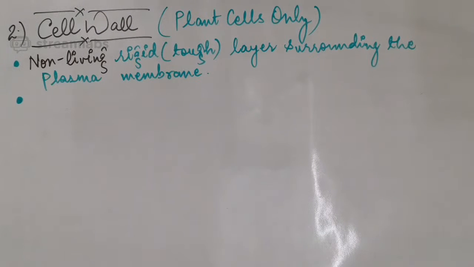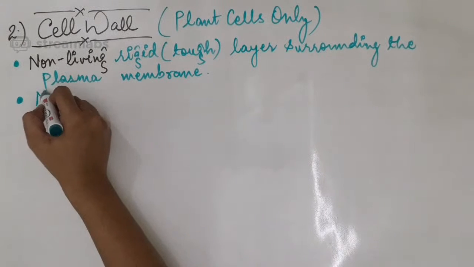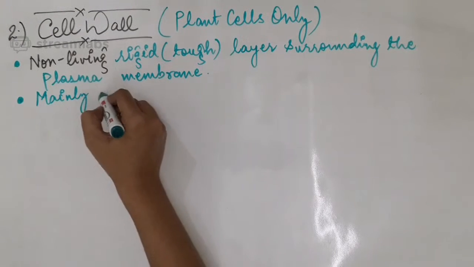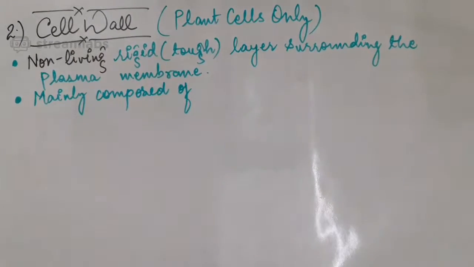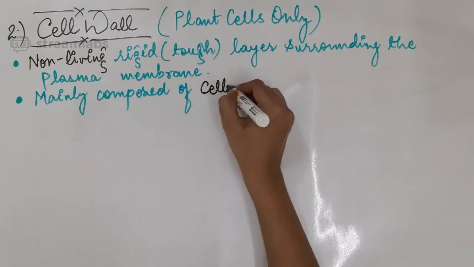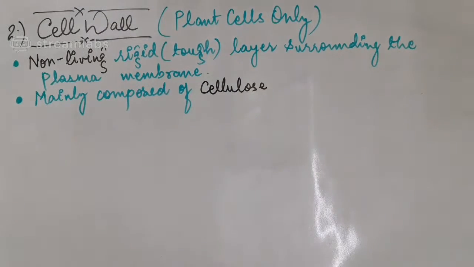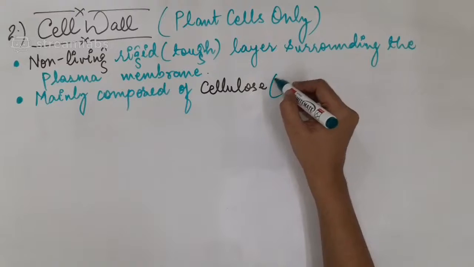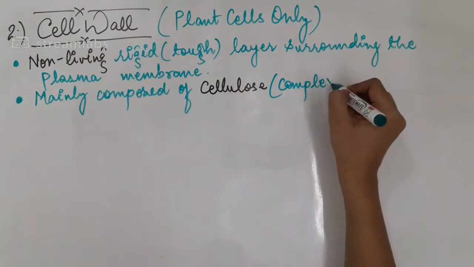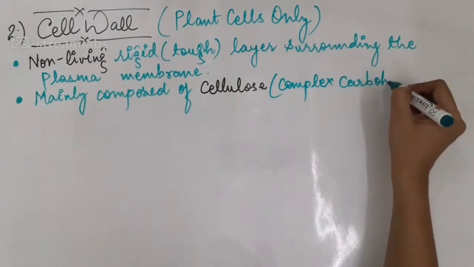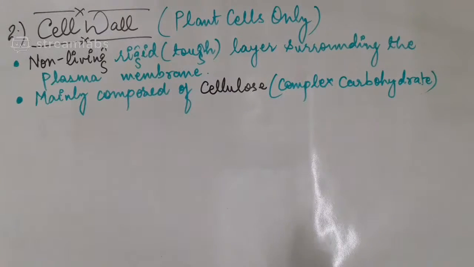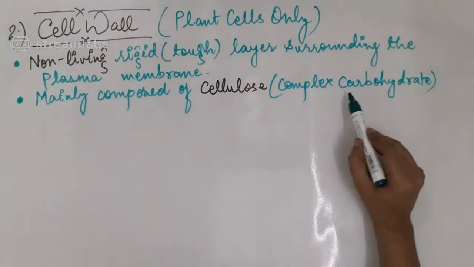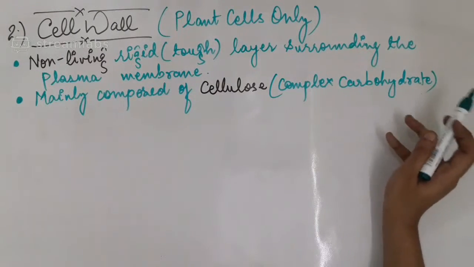Second, the cell wall is mainly composed of cellulose. Cellulose is a complex carbohydrate. You must have studied the main source of energy, the nutrient carbohydrate: carbon, hydrogen, and oxygen.